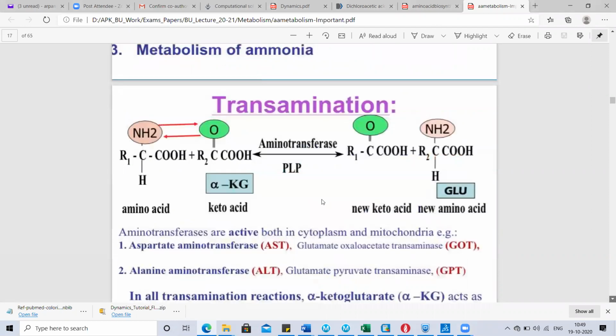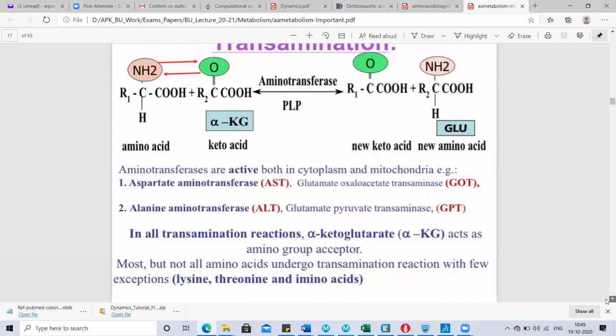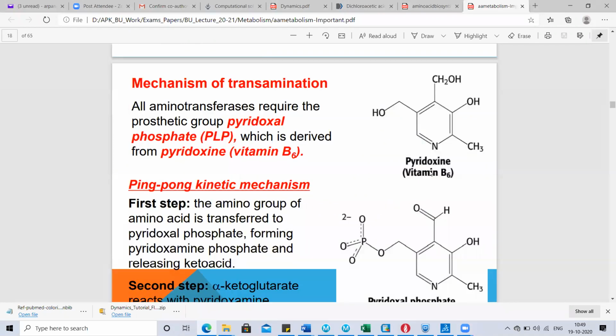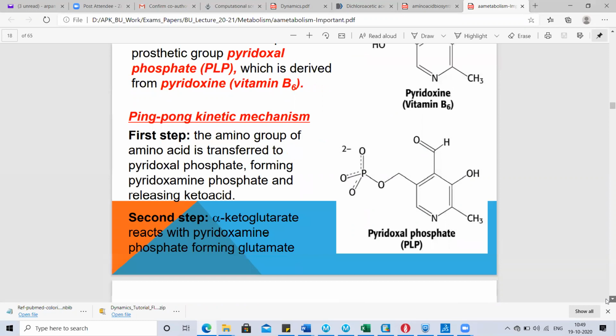We have seen this basic reaction of transamination, examples of GOT and GPT, that is ALT and AST, and the ping pong kinetic mechanism for the transamination reaction, where pyridoxal phosphate acts as the amino group acceptor. It accepts the amino group from the amino acid and gets converted into pyridoxamine, and this pyridoxamine transfers the amino group to the keto acid.